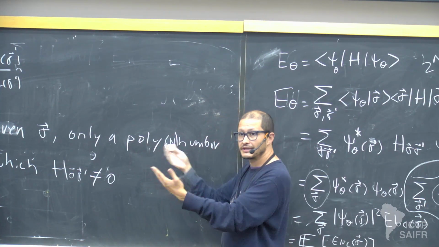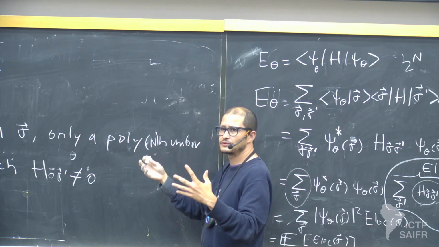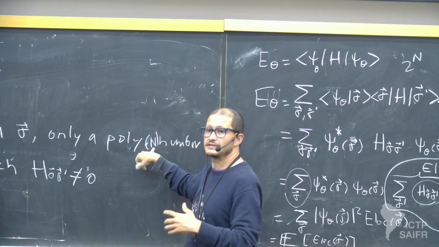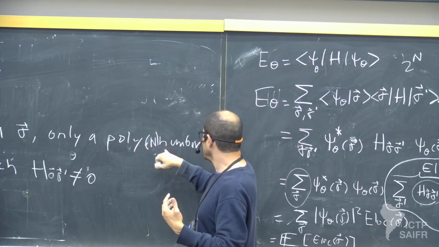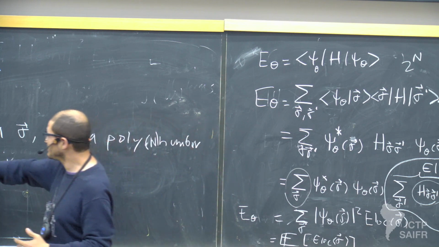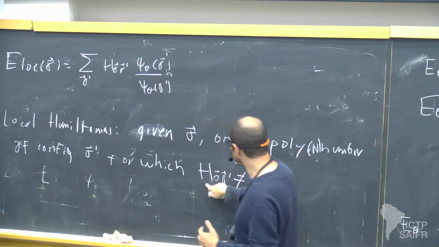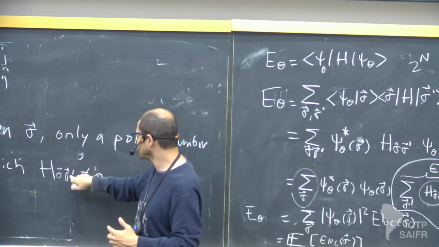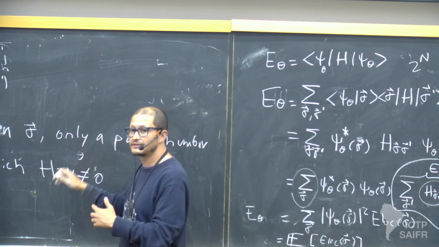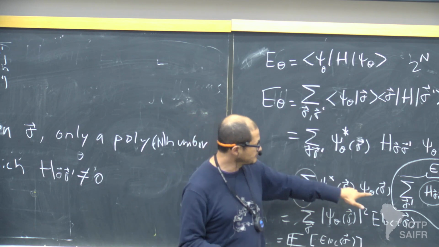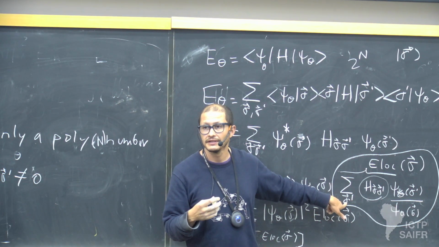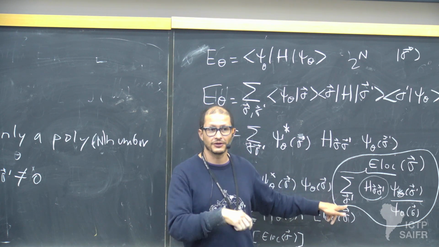I said polynomial; polynomial is typically, in computer science, how you say something is computable or easy to compute in the number of, say, spins. So a polynomial number of spin configurations, sigma prime, for which H sigma prime is different from 0. If the rest is 0, then the sum becomes only a polynomial number of terms. And so that means we can compute it quickly.